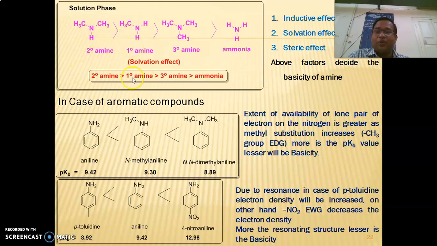So the basicity of amines in the solution state is explained by the solvation effect, hydrogen bonding and steric hindrance. The order is secondary amine greater than primary amine, greater than tertiary amine. Thank you.